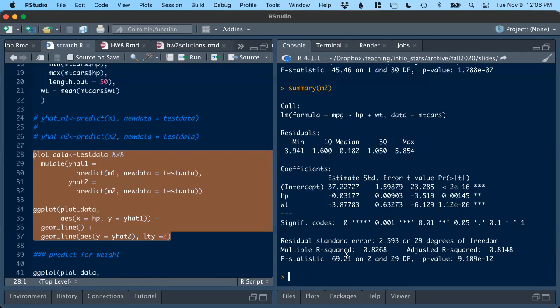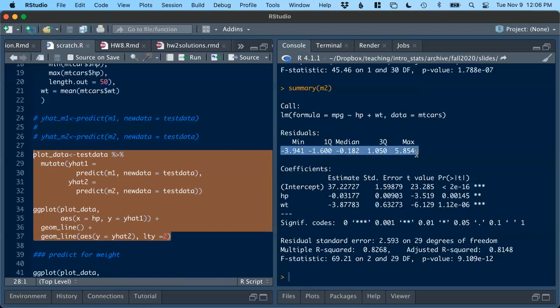And in this case, yes, the weight model is a much better fit, which means it's going to generate better predictions, right? When the model has a higher R squared, it is likely to generate more accurate predictions. We can also look at that in terms of the range of the residuals.